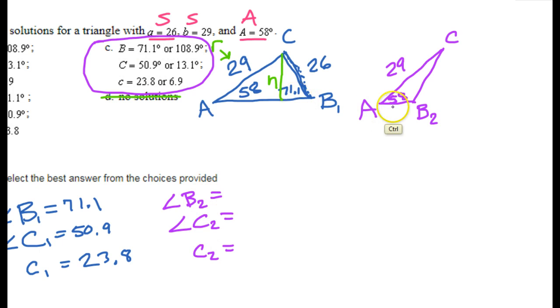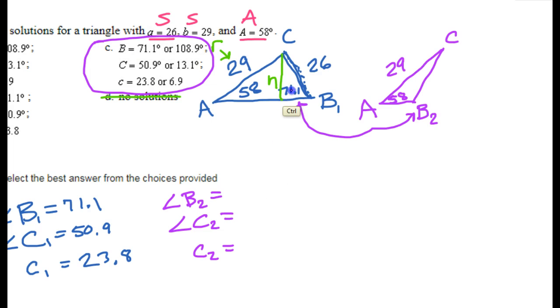Now, this is like a rule that you just have to remember. Once you have found the first angle and you're switching over to the second triangle, the outer angle and then the inner angle are supplementary. These two have to add up to 180. So B1 and B2 are always going to be supplementary to each other.